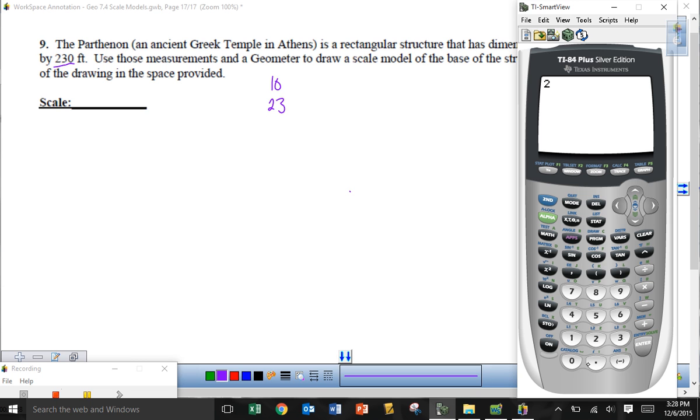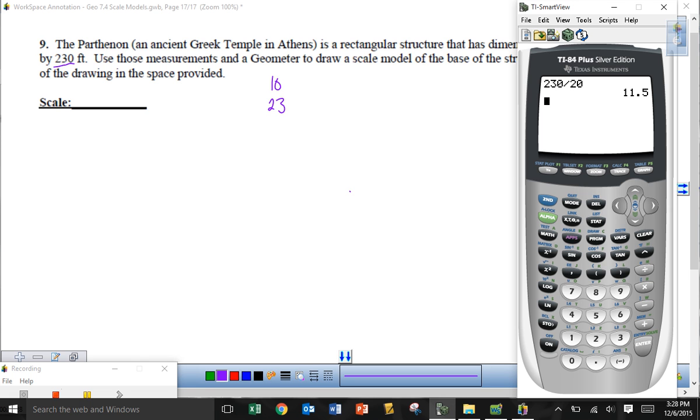So if I take 230 and divide that by 20, I get 11.5. Well, that wouldn't fit on our paper because paper is 8.5 by 11. Okay, but if you look at your geometer, it only goes to 8 inches anyway. So we don't want to have to worry about doubling up our geometer. We want to pick something less than 8 inches.